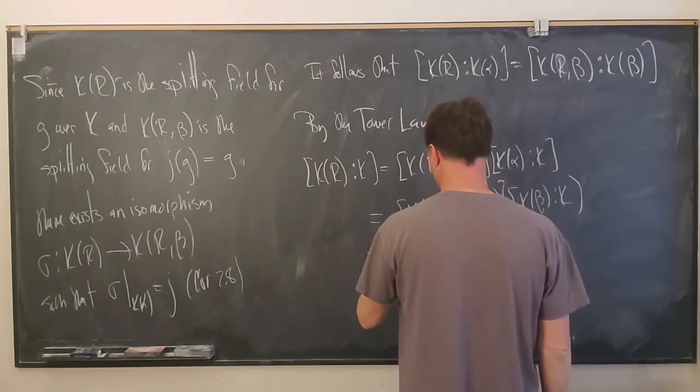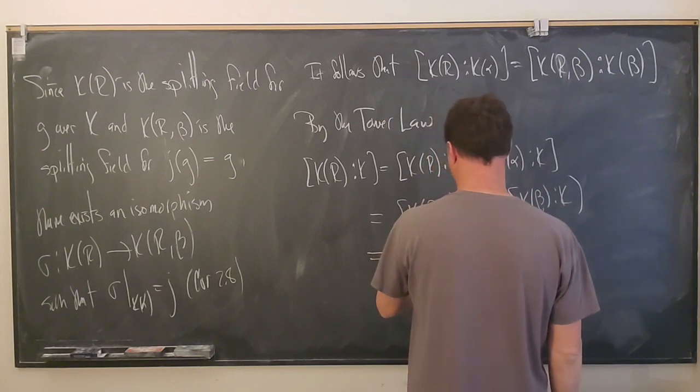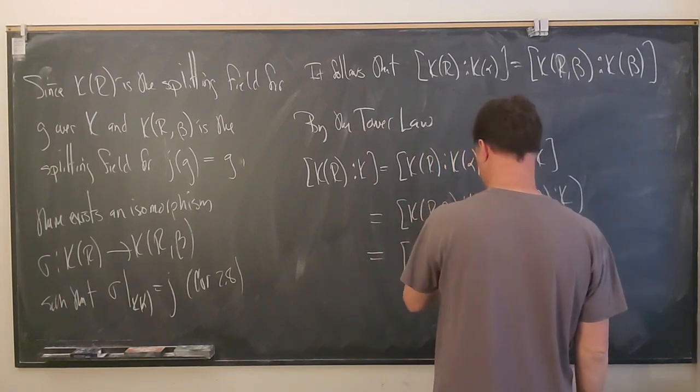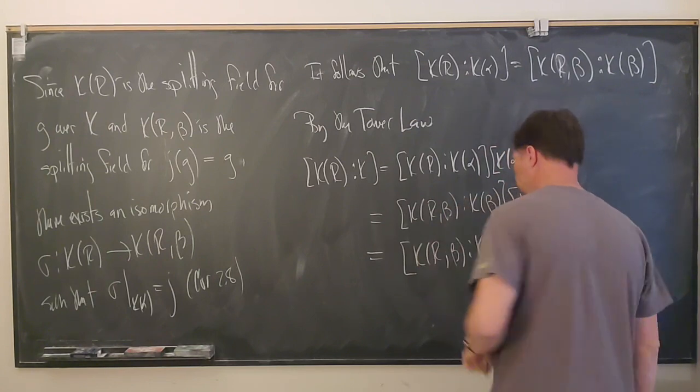And then we can put this back together. This is K adjoin R beta over K.